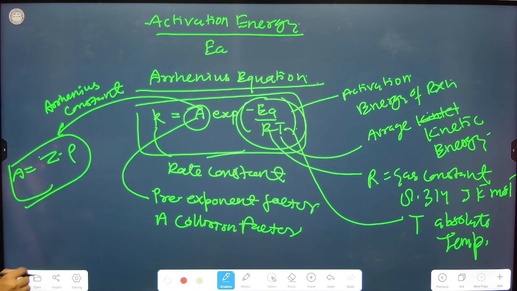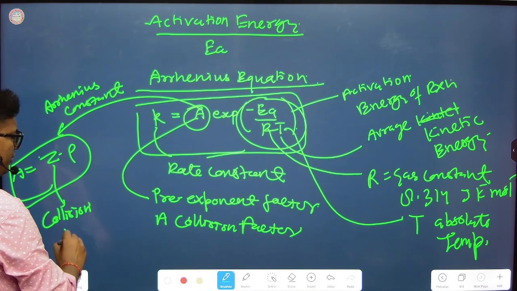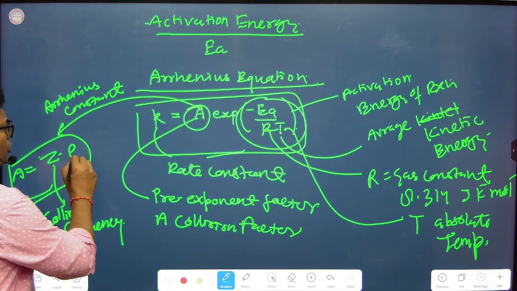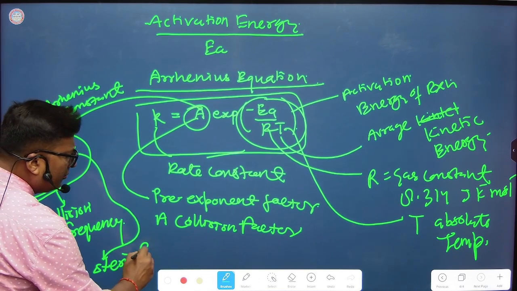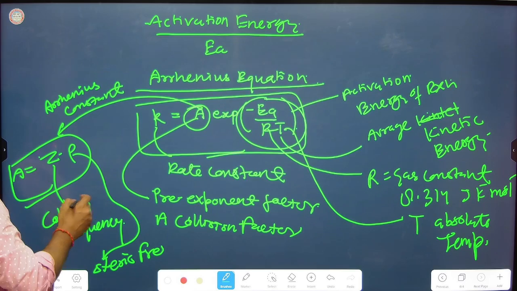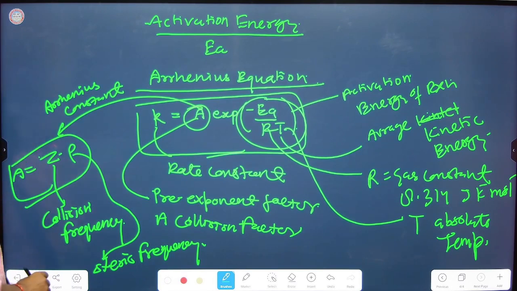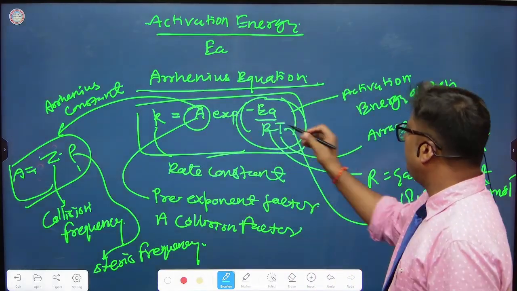Z is called the collision frequency. Now this rho is called the steric factor. So Z is related to the collision factor and rho is related to the steric factor. In this way, this value is attained in this particular expression.